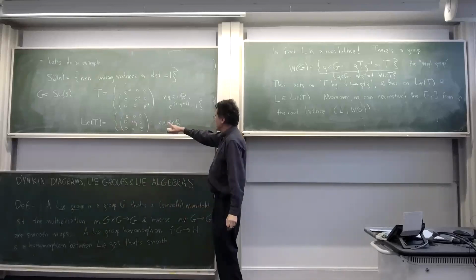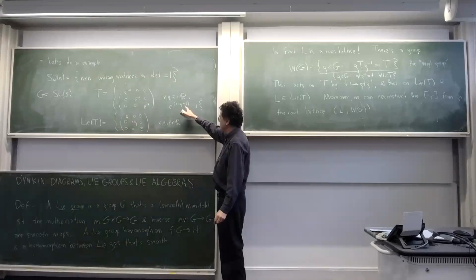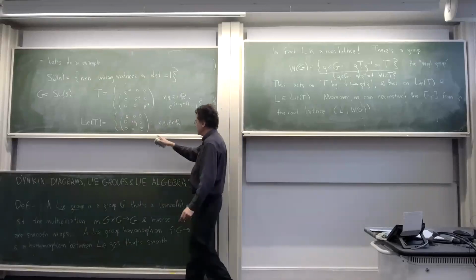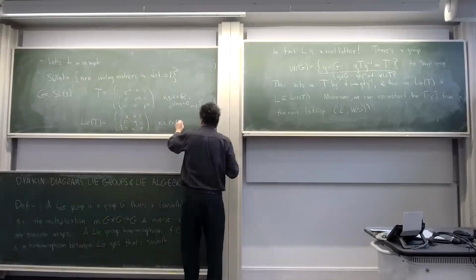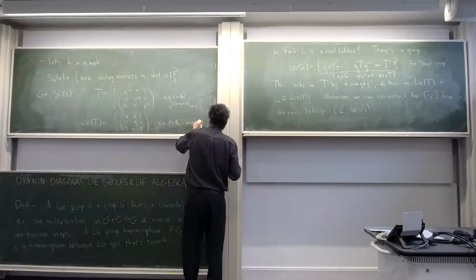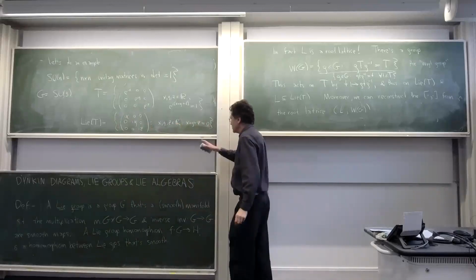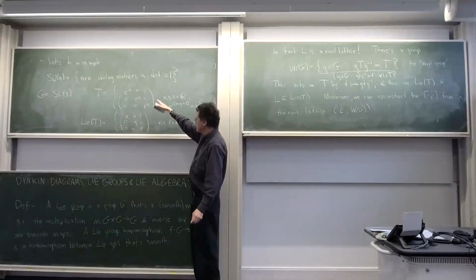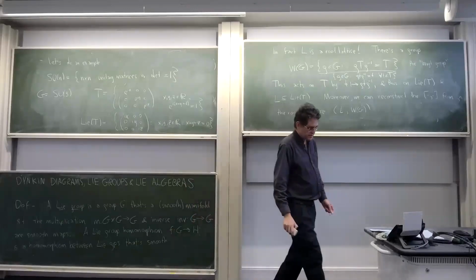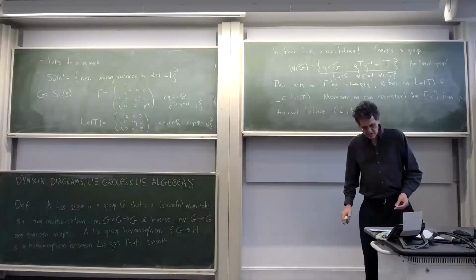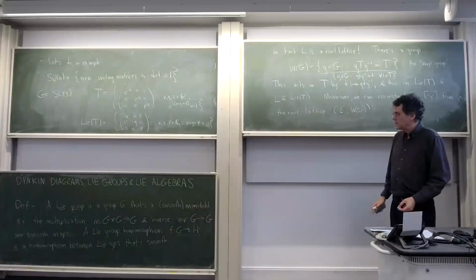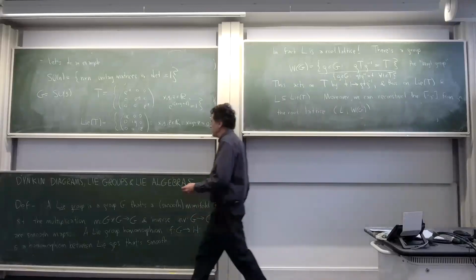And the condition that translates into this determinant equals 1 condition is that the sum of x, y, and z is 0. The trace of this matrix is 0. So you can see that if you exponentiate one of these, you get one of those. The converse is maybe a little harder. And so there's this obvious exponential map.